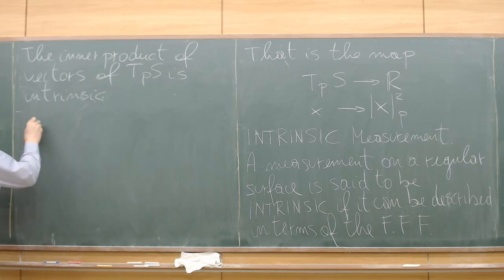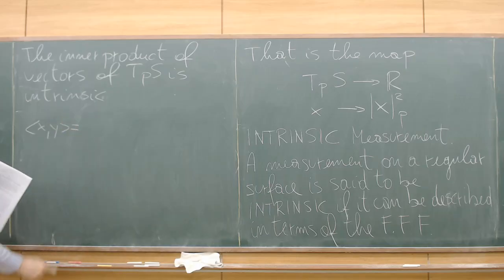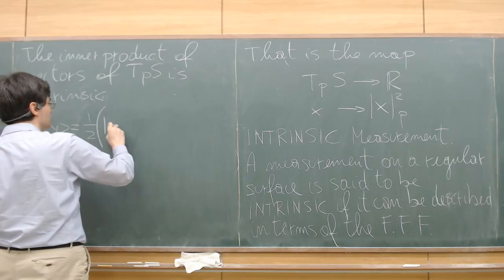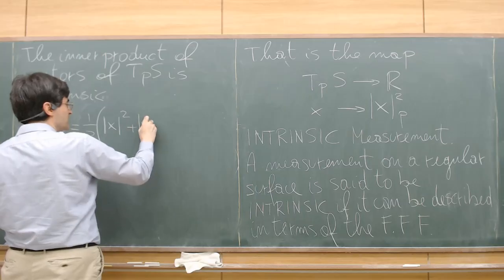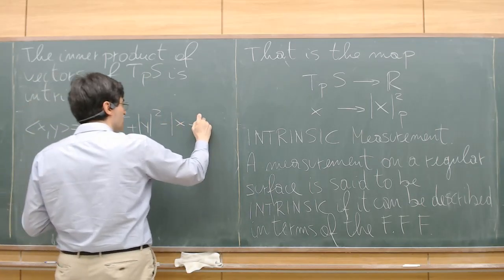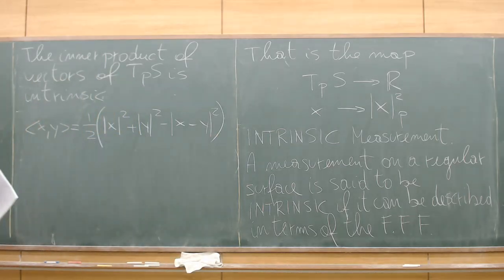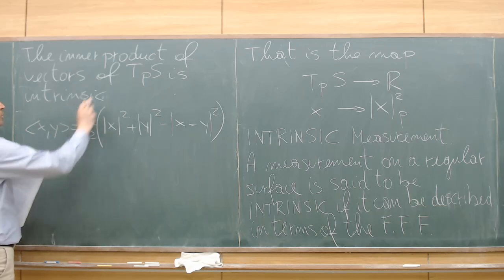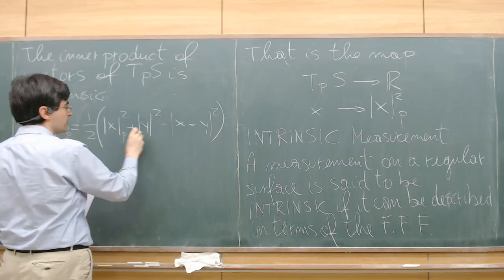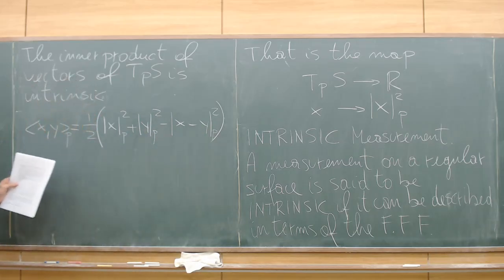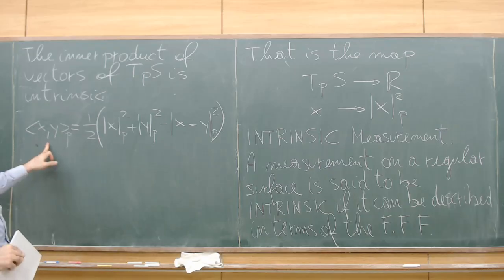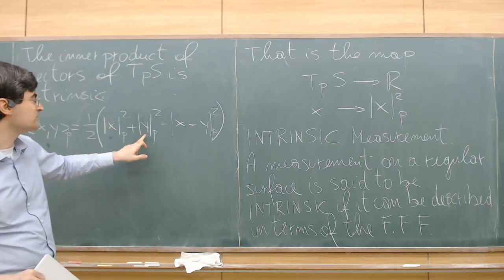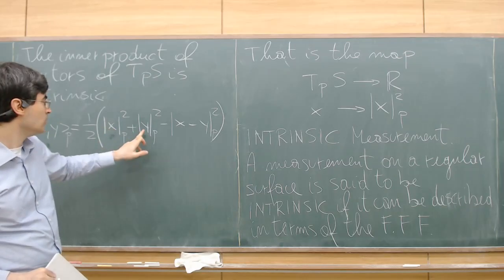Because there is this formula. The inner product between two vectors of R3 is 1/2 multiplied by the square norm of X plus the square norm of Y minus the square norm of X minus Y. Clearly, this formula holds true if I consider the restriction on TPS, so I was able to write the inner product between vectors of TPS in terms of the first fundamental form evaluated at X, Y, and X minus Y.